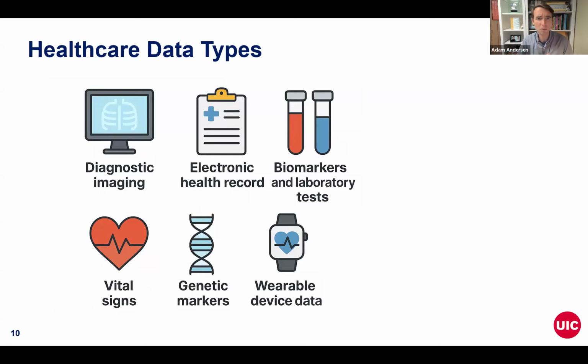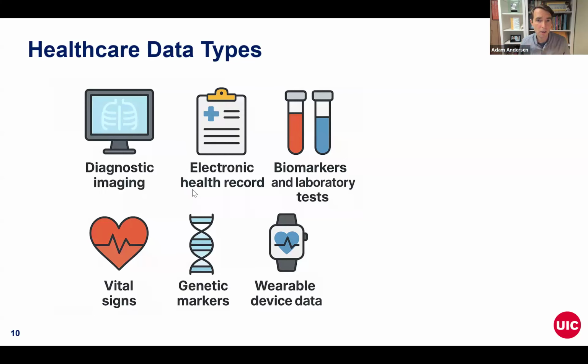So these are the different healthcare data types. And there's probably other ones that I'm missing here, but I think what this shows you is there's actually a lot of different data that can be used to train models in healthcare. And this data has been digitized for many years now. So there's this huge treasure trove of insights that maybe can be gained from all this data.